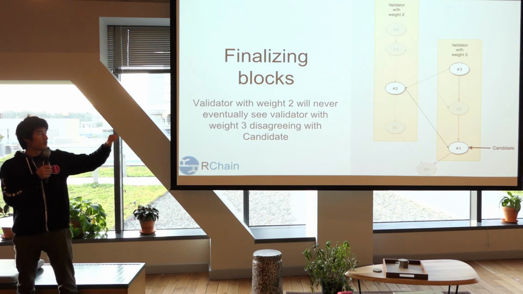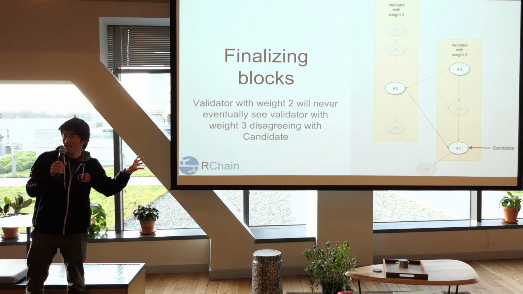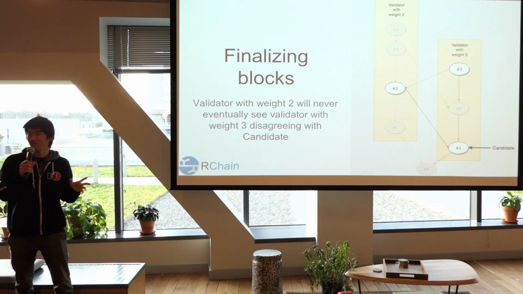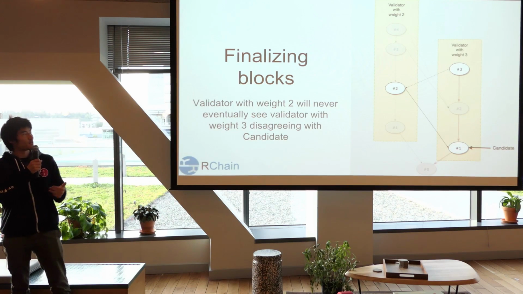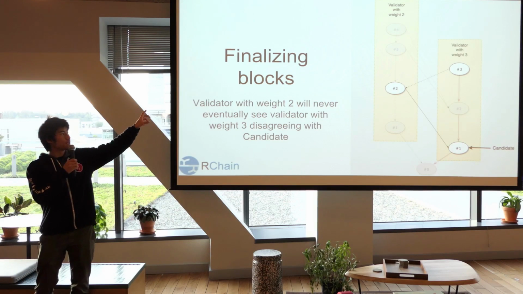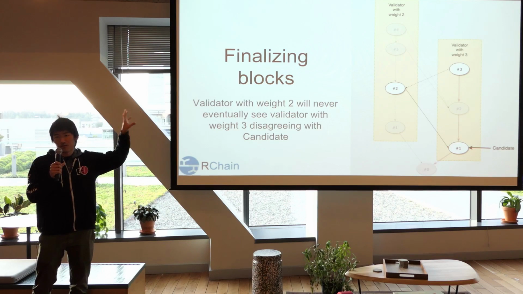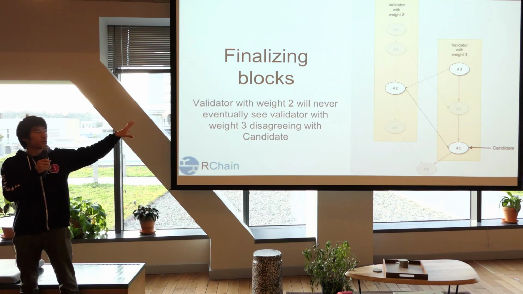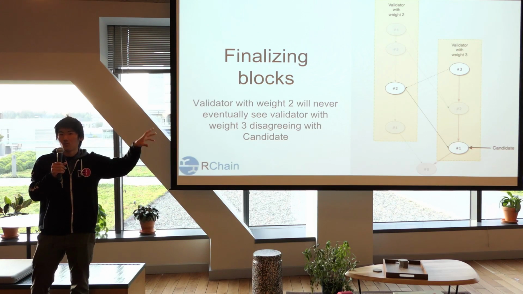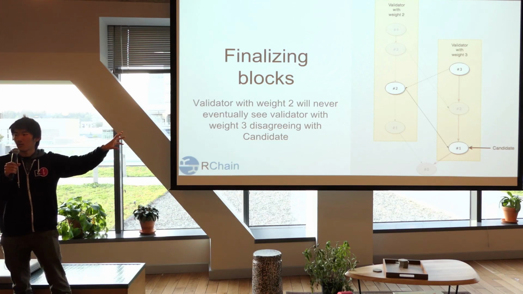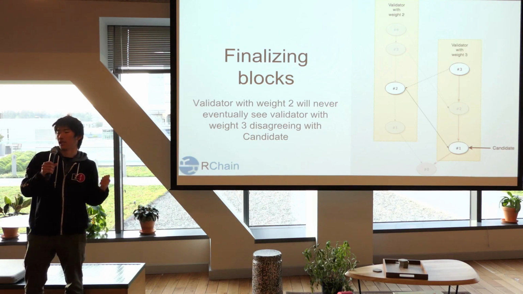You might think nothing changed here, but it just coincidentally matched up to what we wanted. The idea is that we want to make sure that the validator with weight 2 will never see that the validator with weight 3 is going to disagree.